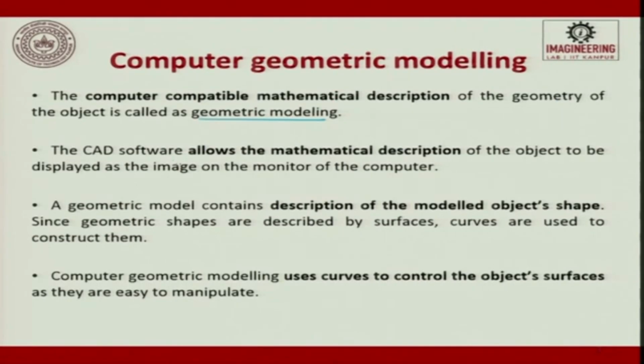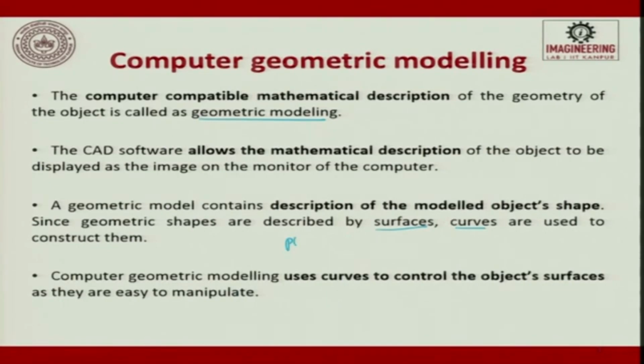So, this explains to us what geometric modeling is. The CAD software allows the mathematical description of the object to be displayed as an image on the monitor. The geometric model contains a description of the modeled object's shape, since geometric shapes are described by surfaces and curves which are used to construct them.